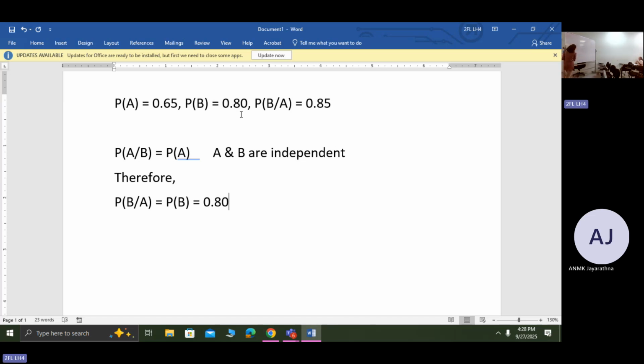Understood? Then what's the first probability? A intersection D is 0.0004. Next one is 0.045. Here 0.061. Okay. Then we add them all together.